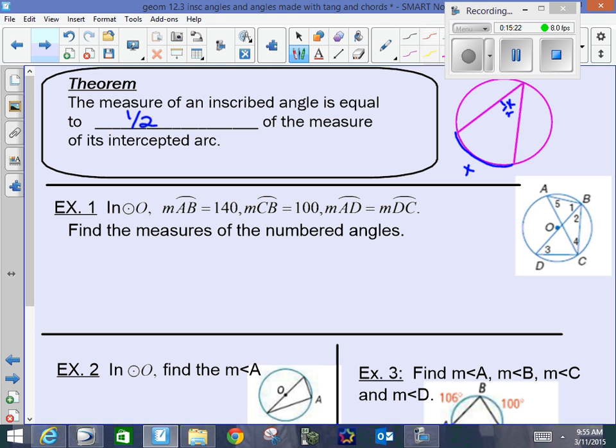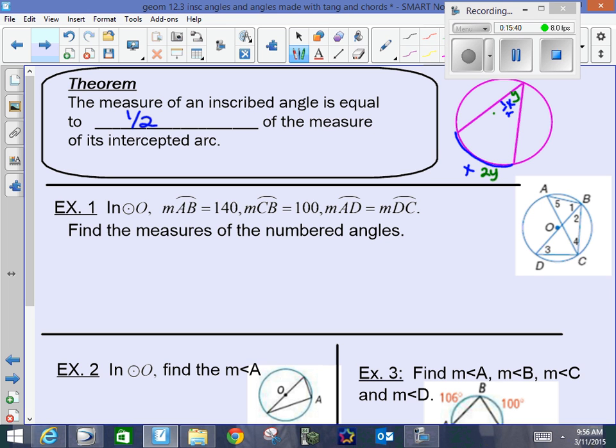Now we are going to go the other direction. Oh wait, this is now X. Oh no, it's a different variable, let's call it y now. So what's the intercepted arc now? It's twice y.